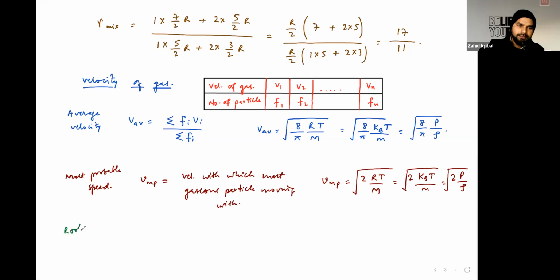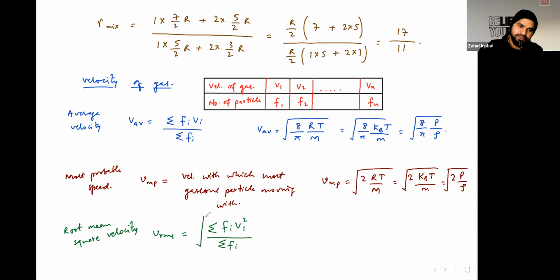Similarly, one more thing: how to calculate root mean square velocity, that is VRMS. It will be the summation of Fi Vi squared divided by summation Fi. That is the sum of observations while taking the square, so it defines the mean square velocity.